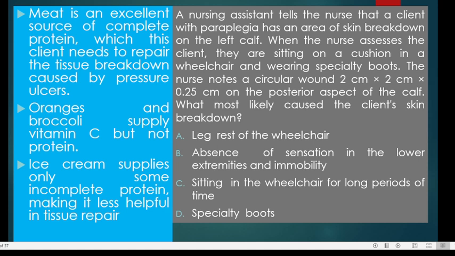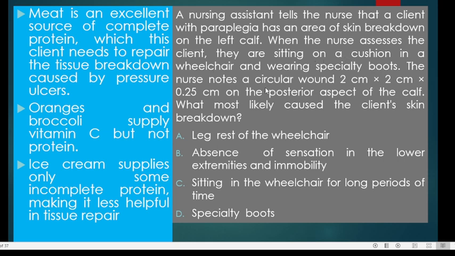A nursing assistant tells the nurse that a client with paraplegia has an area of skin breakdown on the left calf. When the nurse assesses the client, they are sitting on a cushion in a wheelchair and wearing specialty boots.